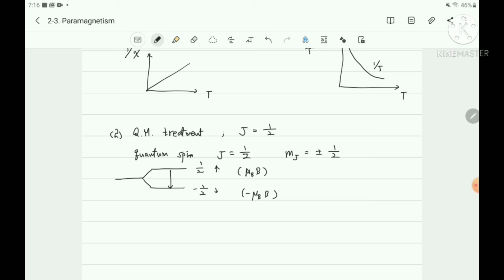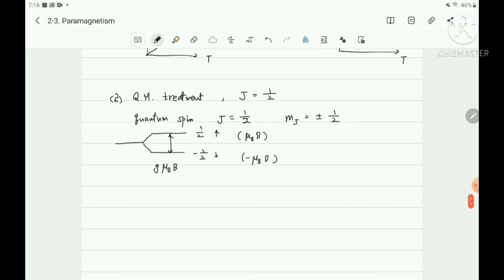Therefore, the energy splitting is g mu B times B. It is known as the Zeeman splitting. Therefore, the expectation value for g mu B mJ is the expectation of the magnetic moment from quantum statistical mechanics, with the partition function.